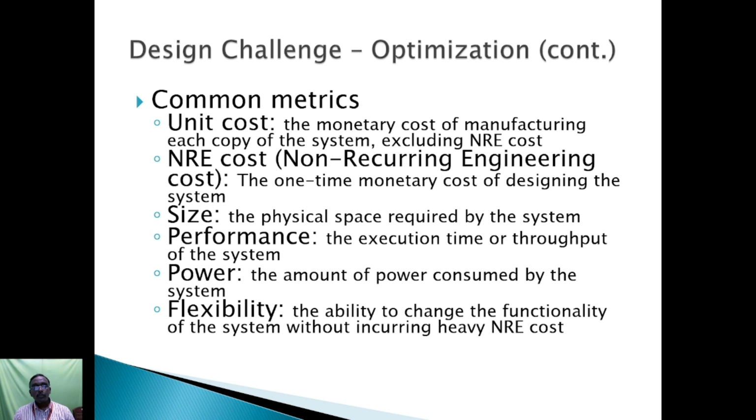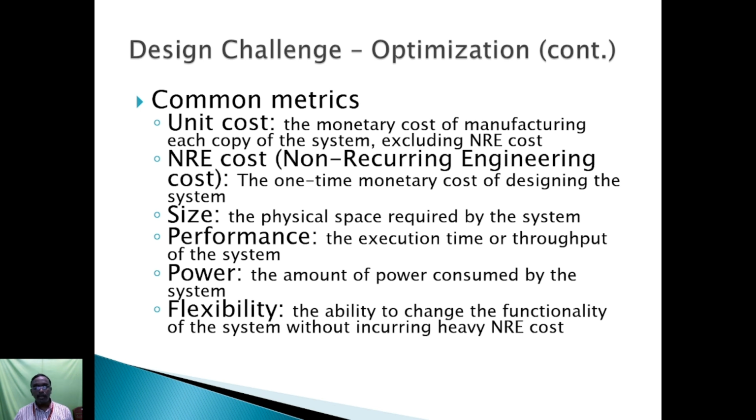Another one is physical size, the physical space required by the system. Performance is the execution time or throughput of the system. When we click the camera, how much time it takes to process and give the output is the measurement of performance in the digital camera.